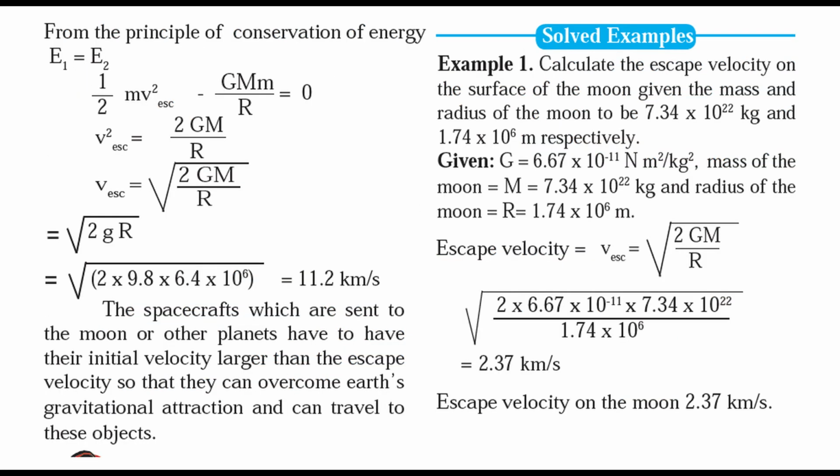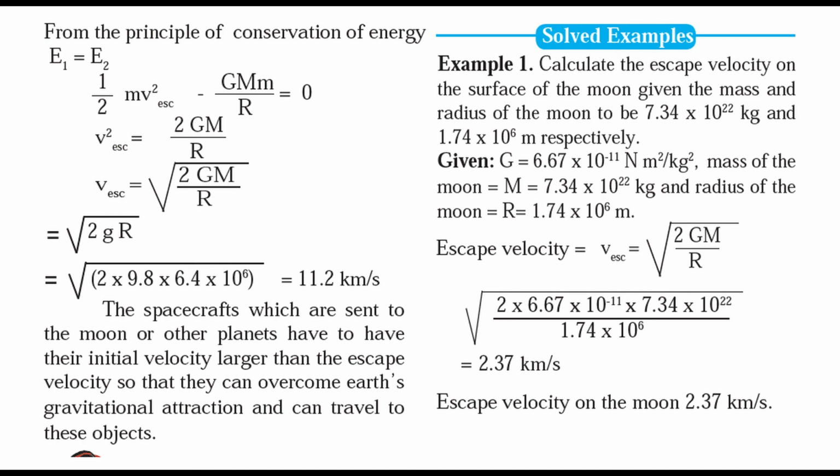So from the principle of conservation of energy, E1 is equal to E2. So energy remains constant. Half mv square minus GMm divided by r is equal to 0.